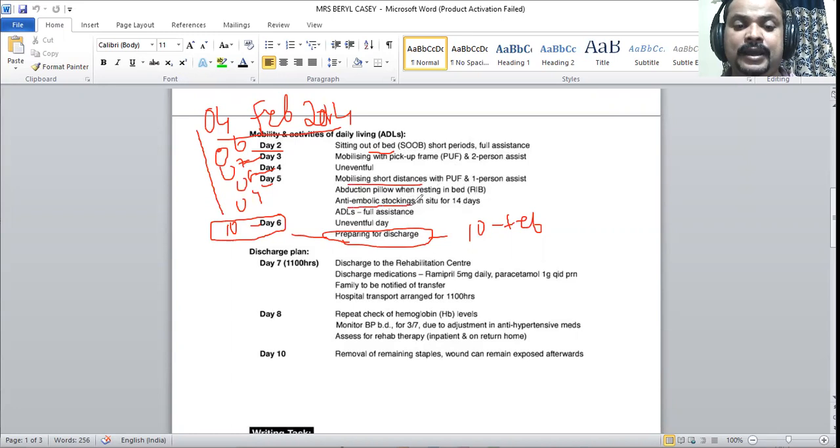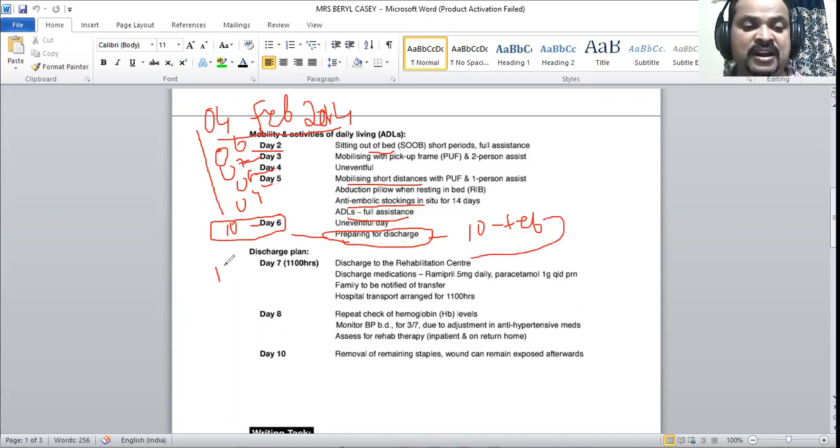And we can say anti-embolic stockings. Now we have activities of daily living with the full assistance. Now we have marked these things there. We have cleared the doubts regarding the dates there. So on which day we are writing, when they are going to discharge.